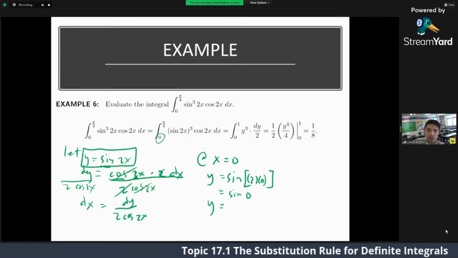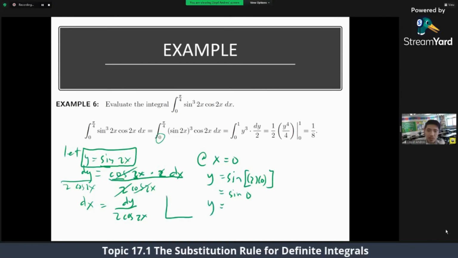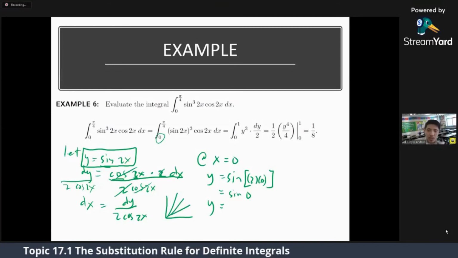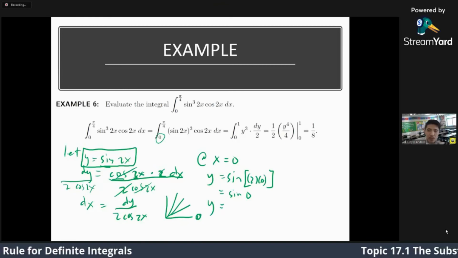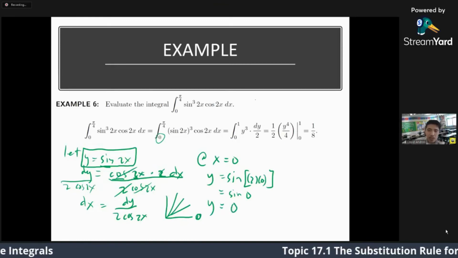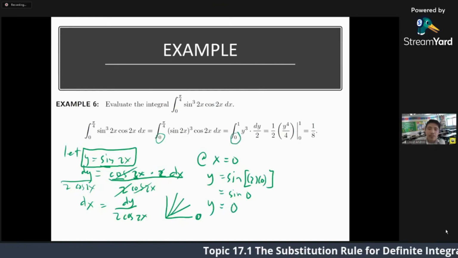You can still remember that sine 0 is 0. So therefore, we have 0 here. So the lower limit becomes 0.